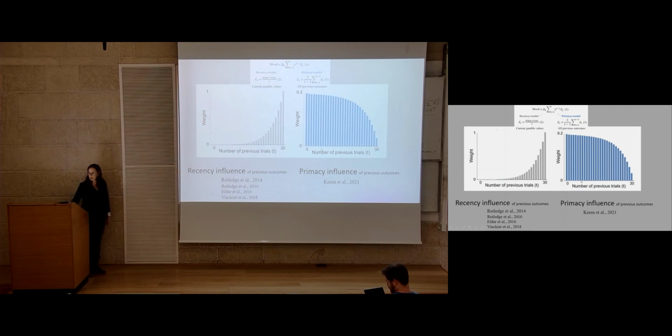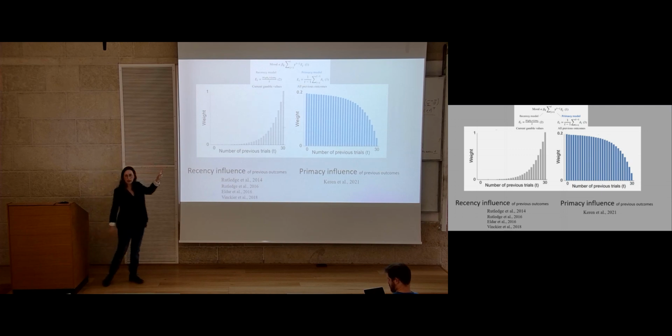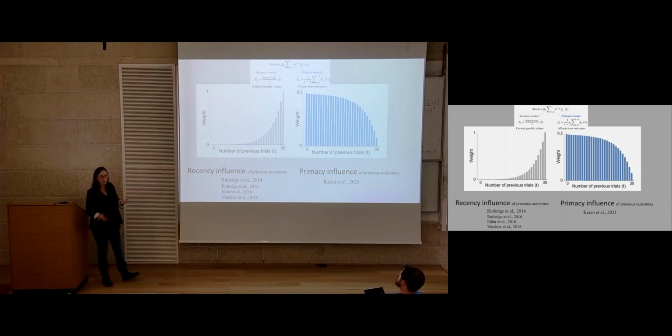This model was actually going in contradiction to all the previous models of subjective mood. There are a few models that all had similar parameters of outcomes, expectation, prediction errors, but they all had an automatic assumption that there is a recency weighting of previous outcomes, that the most recent outcome you experience will be most influential, like in memory models.